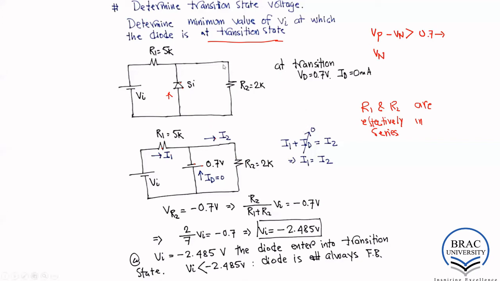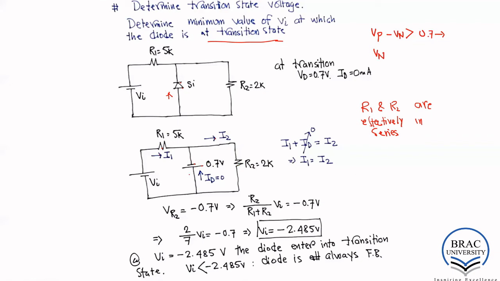Since the current I2 is flowing through the resistor R2, and the resistor R2 is connected parallel to the diode, whatever voltage the diode has, the same voltage is across the resistor, since they are parallel to each other.